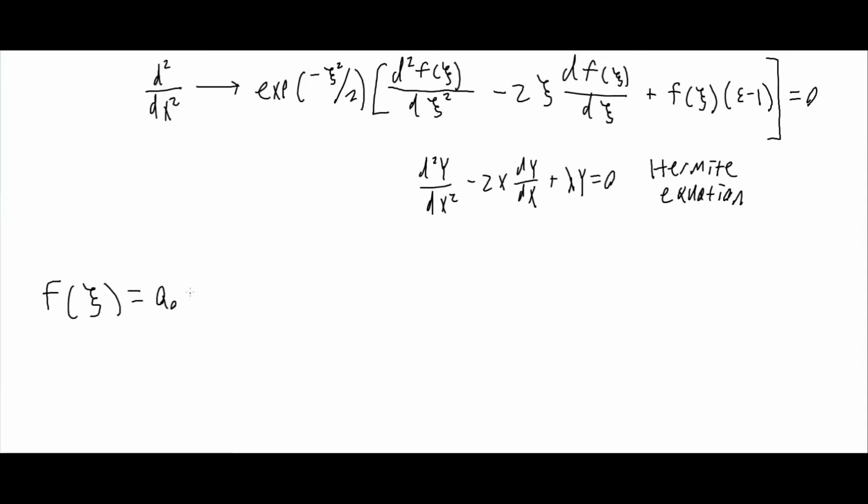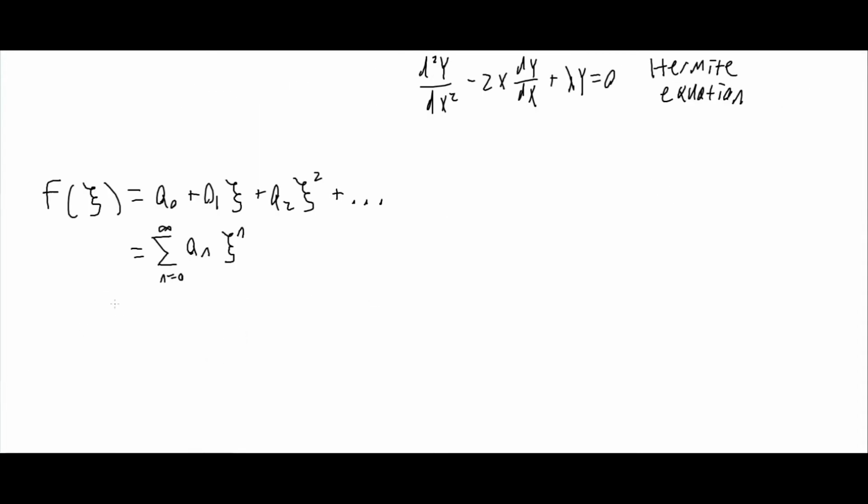So that's A naught plus A1 Xi plus A2 Xi squared and so on, going to infinity, which we can write in shorthand as a summation from n equals 0 to infinity of a n, and then Xi to the n. And so this is what our function will look like.